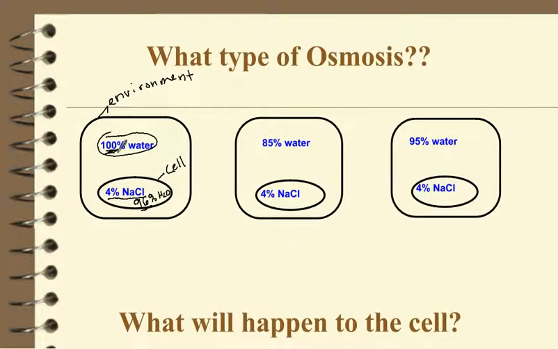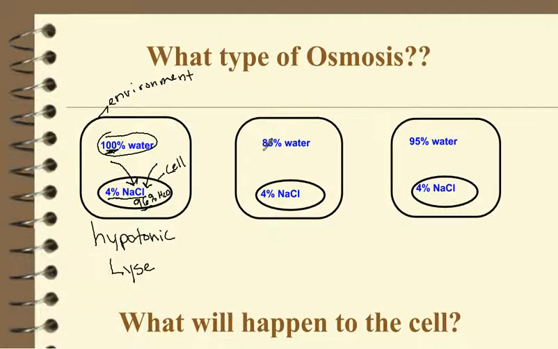So if we move our water molecules from high to low concentration, that means they're going to go in to this cell. When the water goes into the cell, that's what we called hypotonic. And we also said hypotonic, when the water goes in, it causes our cell to swell up and then eventually burst. So this cell is going to lyse in this environment.